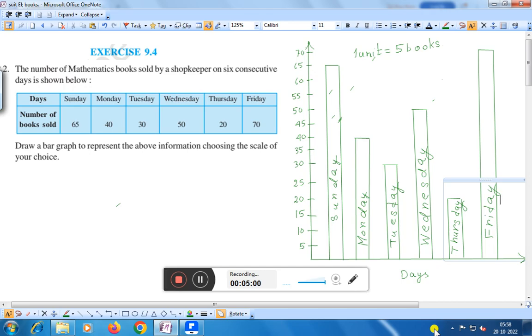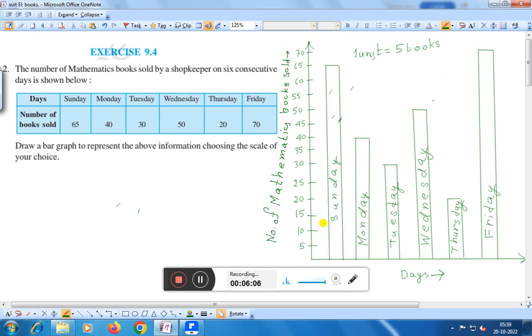Here in the vertical direction we have taken the number of mathematics books sold, and in the horizontal direction we have taken days.